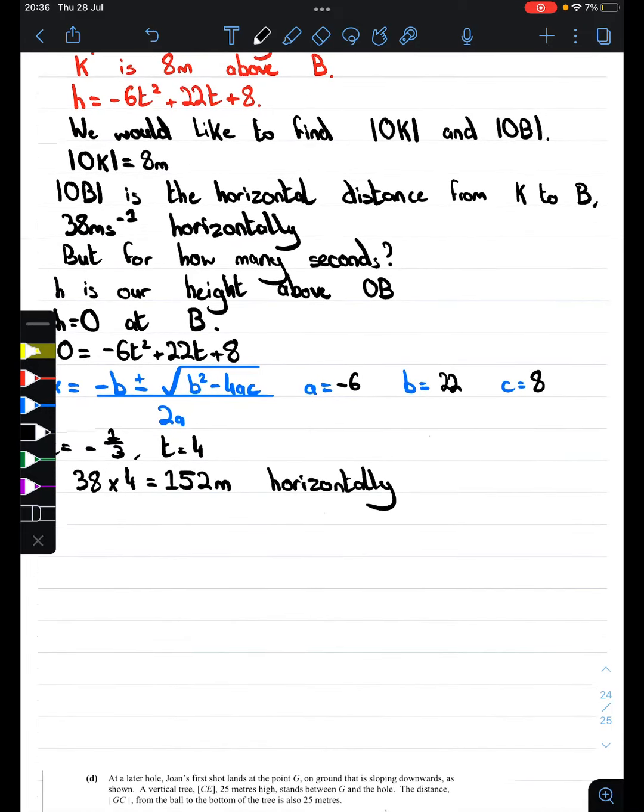Now we can use inverse tan of 8 over 152 to find theta, which equals 3 degrees.